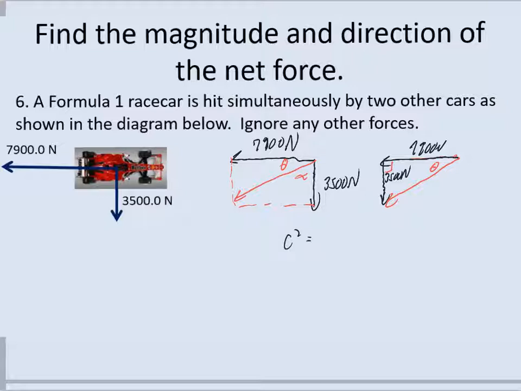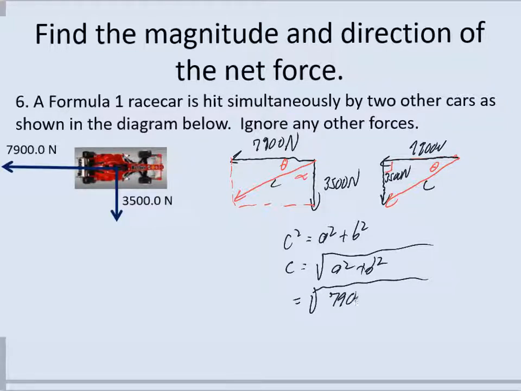And we go ahead and we draw out our formula. A squared plus b squared equals c squared. And we know we're trying to find c. And we know c would be the square root of a squared plus b squared. Doesn't matter which one we label, a or b.